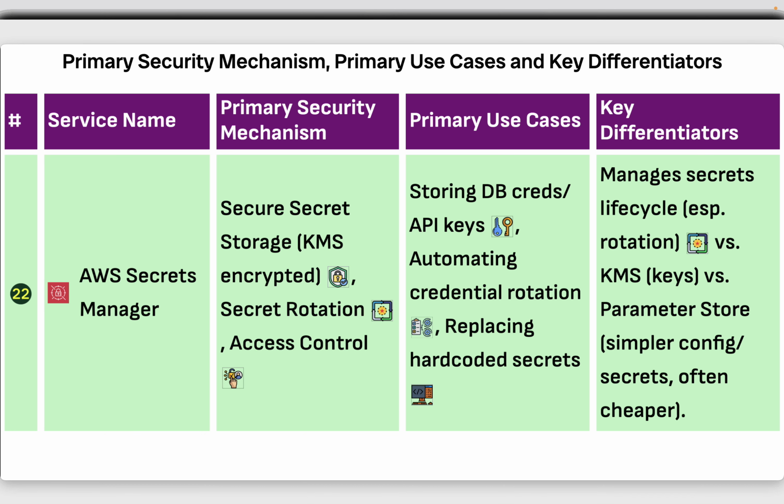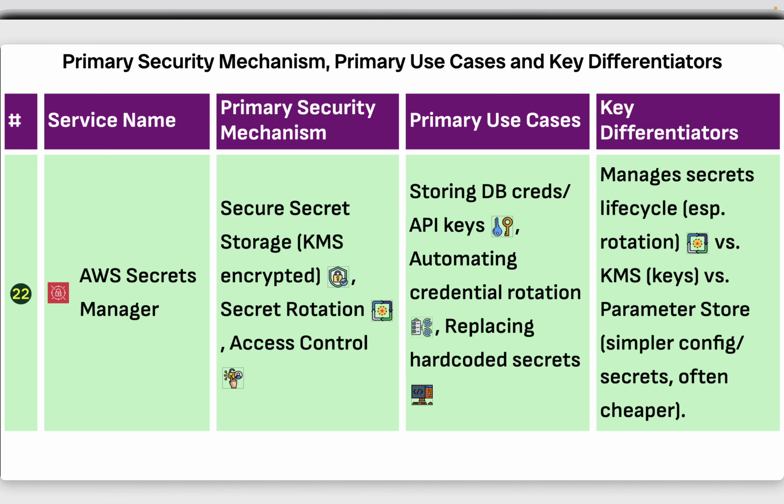Next, we have AWS Secrets Manager. Primary security mechanism is secure secret storage, which is KMS encrypted, secret rotation, and access control. Use cases are storing database credentials and API keys, automating credential rotation, and replacing hard-coded secrets. Key differentiators are it manages secrets lifecycle management, especially rotation, compared with KMS, Key Management Service, which is only for keys.